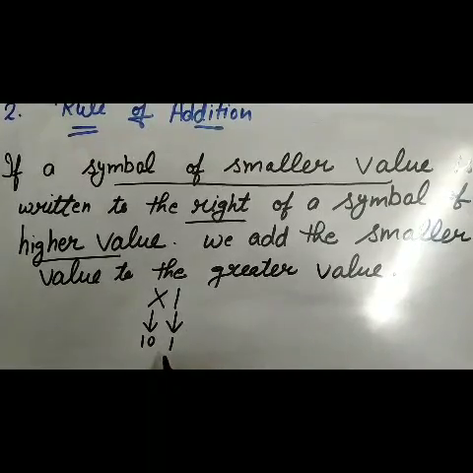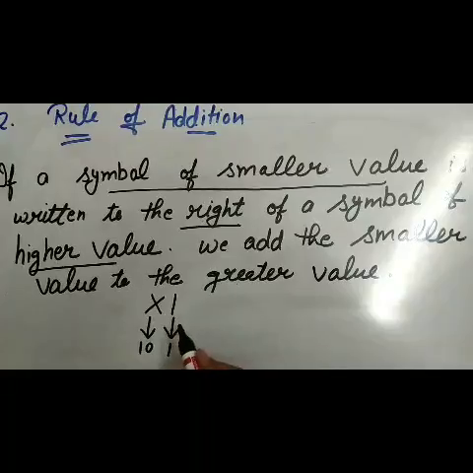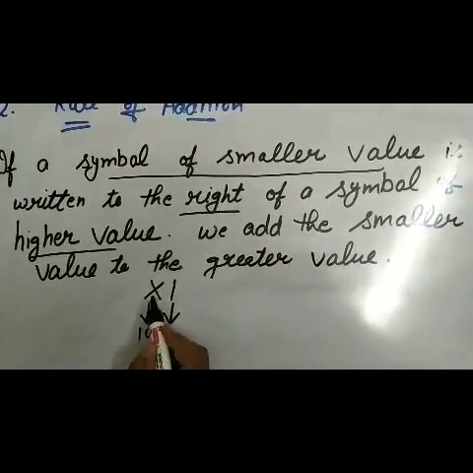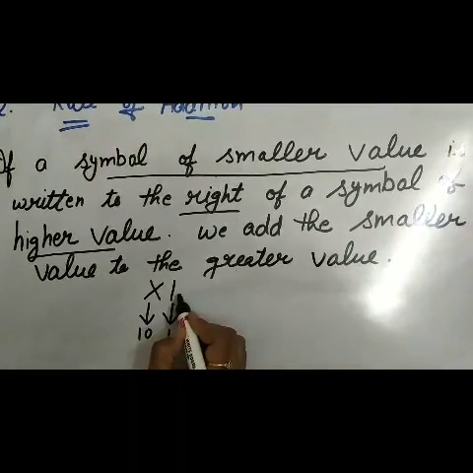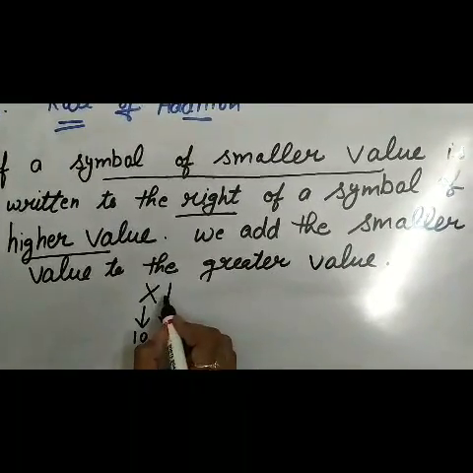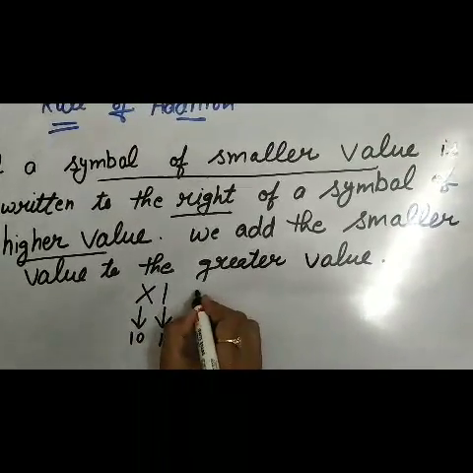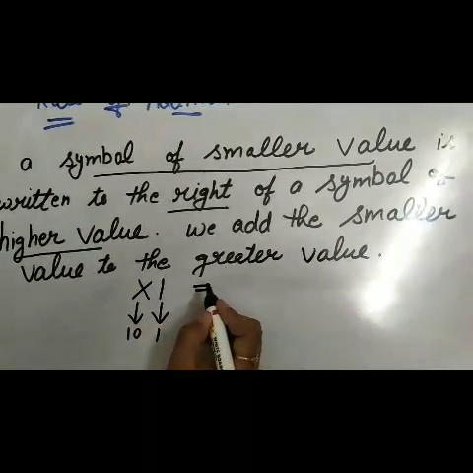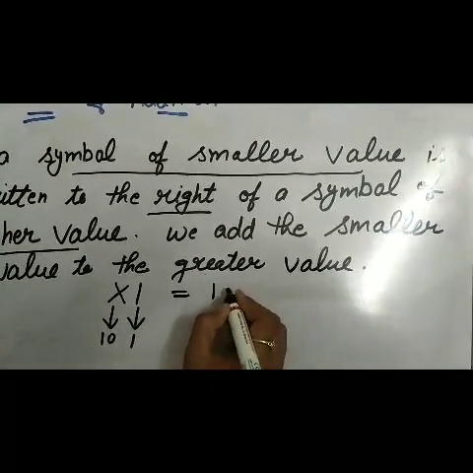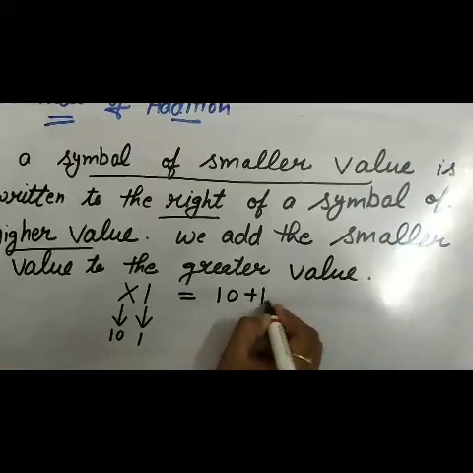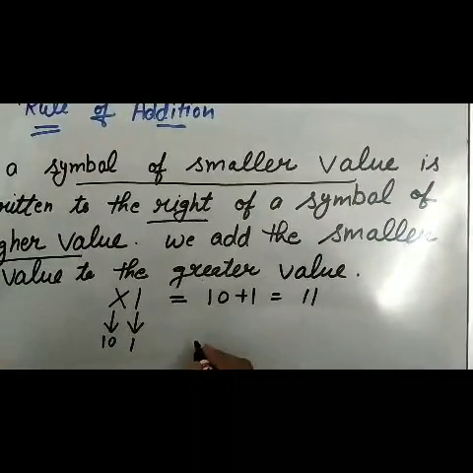Now it is clear to you which is the smaller value symbol and which is the higher value symbol. X is the higher value symbol and I is the smaller value symbol, and I is to the right of X. So we have to add the smaller value to the greater value. It means 10 plus 1 equals 11. Now look at another example.